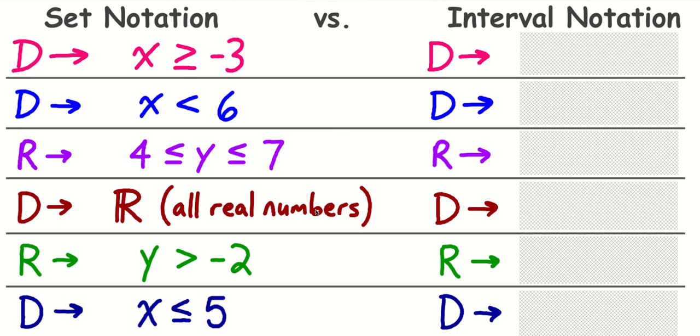So here's what we have to do. There's also this paper that hopefully you have. It's set notation versus interval notation. So there's going to be certain ways we can write out what the domain is and what the range is. And we're going to have to use notations like this.